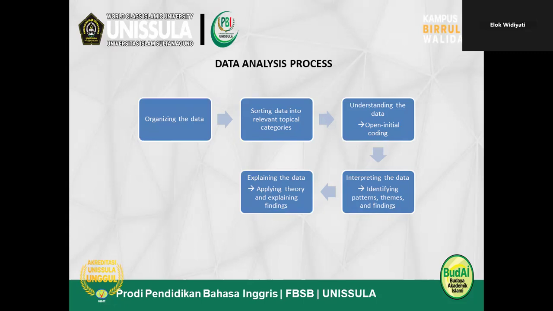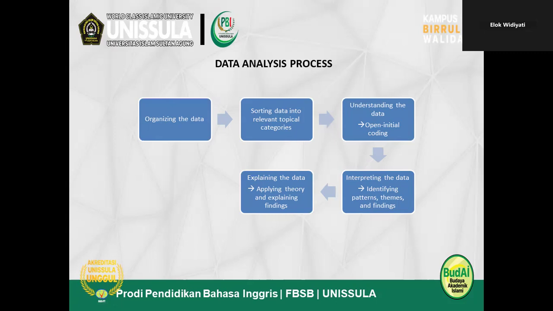Here we go. We have the process as I mentioned previously in the first video of this meeting. The analysis is divided into 5, coming from the upper left side, from organizing the data, and then you go to sorting data into relevant topical categories.